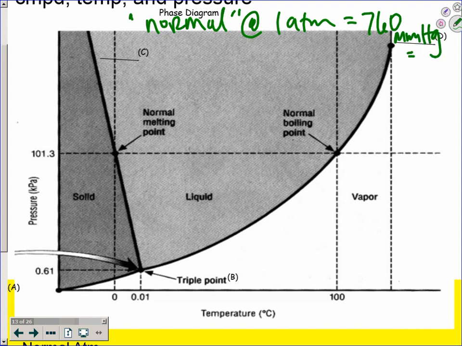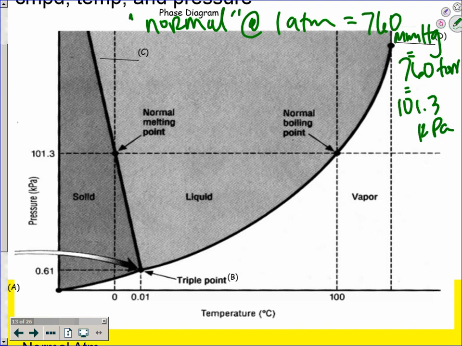There was one more. 760 torr, and not 760 kilopascals. Look at my board here. What do you think? 101.3. All right, so these four numbers with their units are equivalent.